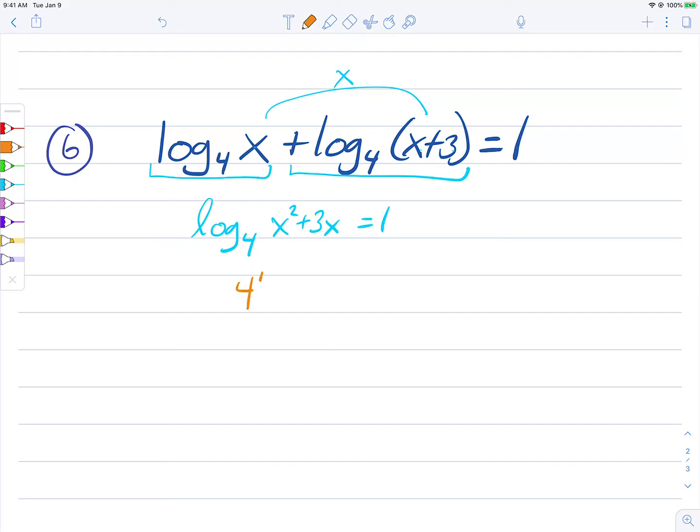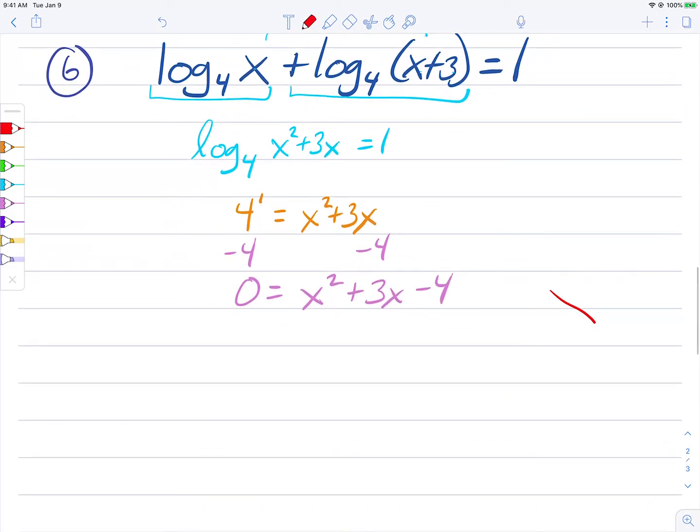So I'm going to have 4 to the first power equals x squared plus 3x. Well, 4 to the first power is just 4. So I'm going to subtract 4 from both sides because if I want to factor to solve, I need it to say equals 0. So I'm going to have this, and this is also a diamond problem. So I need to find two numbers that multiply to negative 4 while adding to positive 3. That is going to be 4 and negative 1.